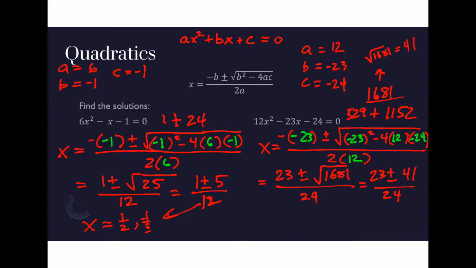All right, so 23 plus 41 is 64. So this gives me 64 over 24, which I don't think goes into it evenly. It does not, but we can reduce it. 64 over 24, let's see.